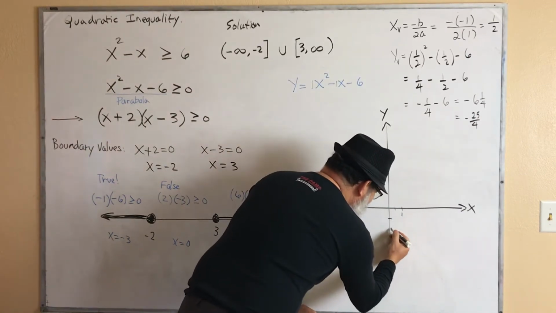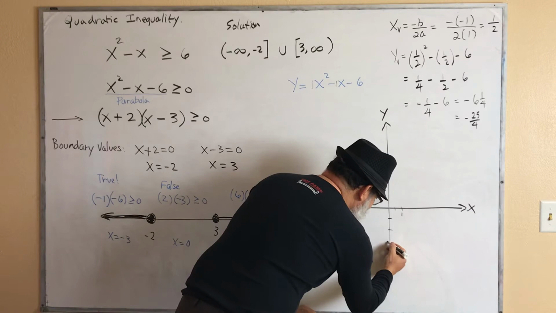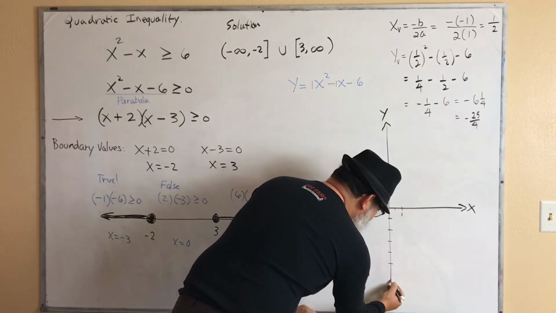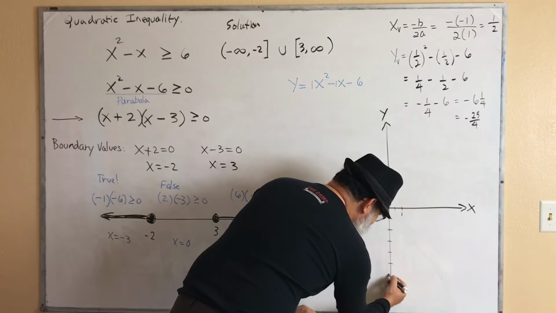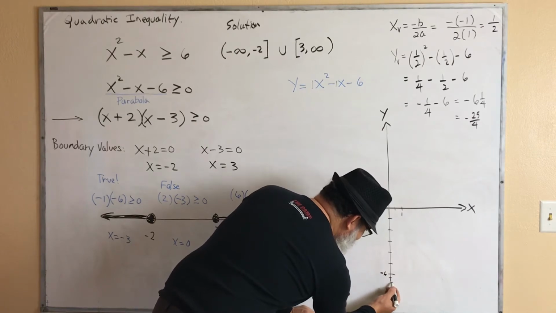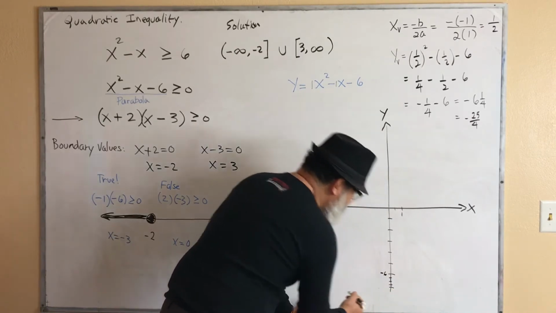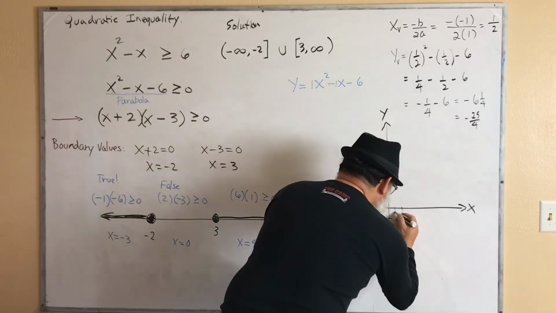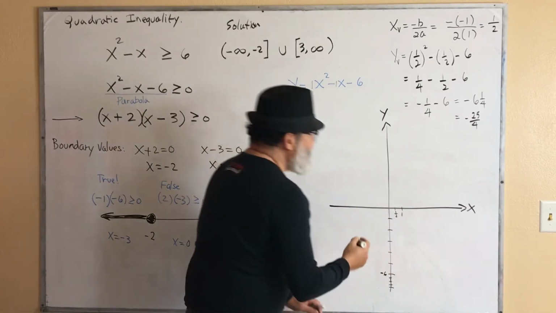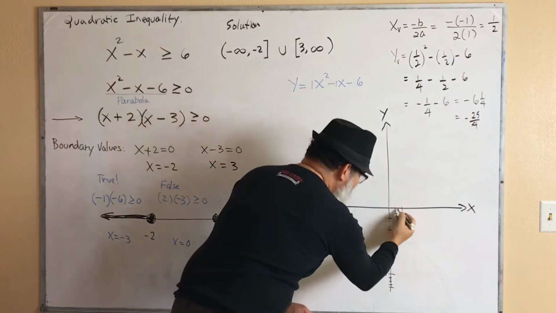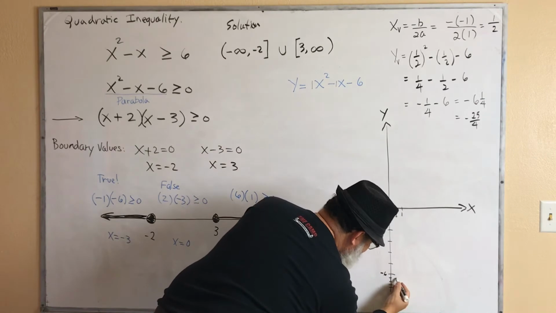Negative 1, negative 2, negative 3, negative 4, negative 5, negative 6, negative 7. So this is negative 6 and 1/4. So the x-coordinate of the vertex is half. Go half and then go down 6 1/4 right there. That's the vertex.